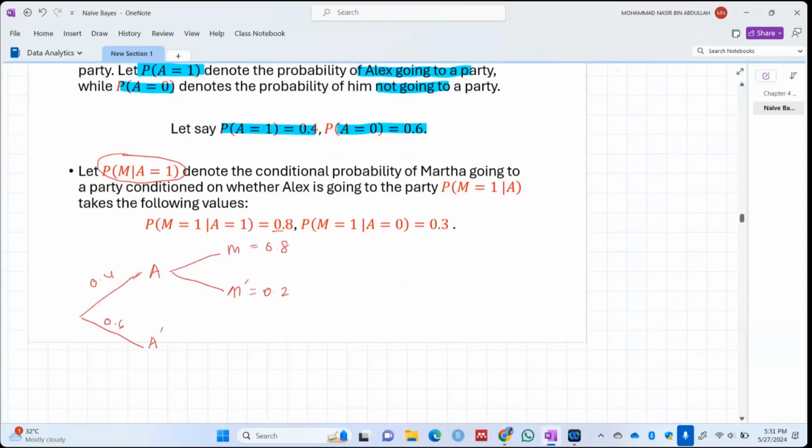So when Alex is not going to the party, Martha going to the party is 0.3 and the balance will be 0.7. So we wish to know the probability of Alex going to the party, given that Martha is also going to the party. That means, I think better I put it this way, A given M. And from the tree diagram, we know that this is the probability of A. This is also the probability of A complement. And this is the probability of M given A.